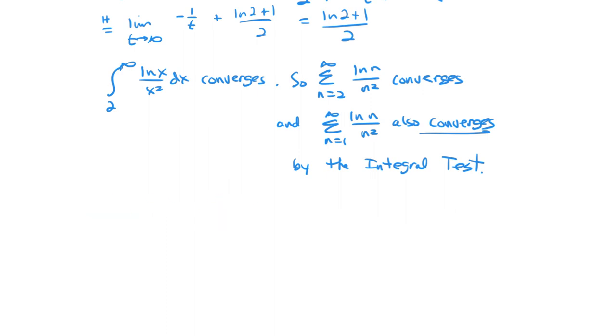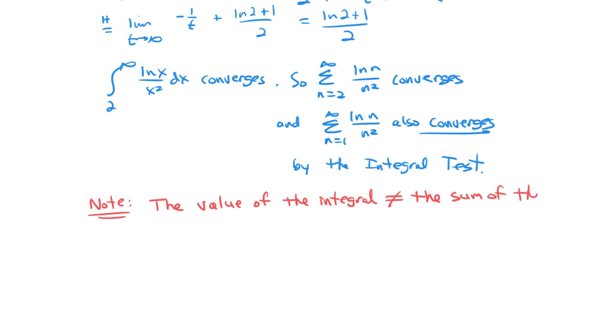The value of the integral, that value we got right here, natural log of 2 plus 1 over 2, is not equal to the sum of the series. The value of the integral is only important in that it is a number. And since it's a number, we know that it converges, but the value of the integral is not equal to the sum of the series.